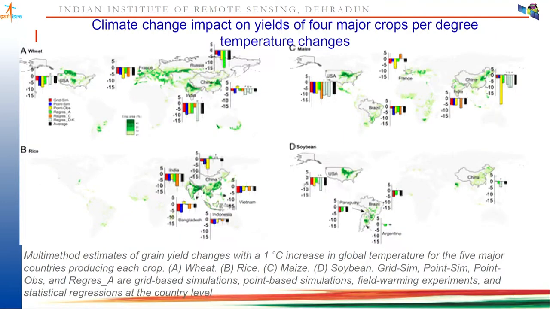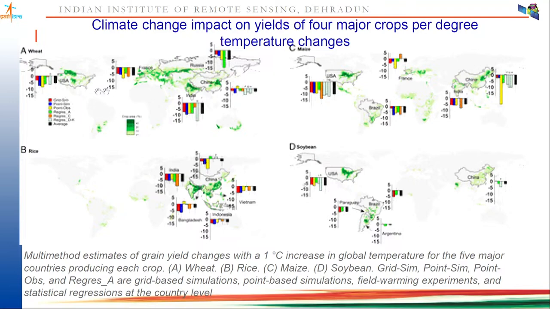So here is geospatially explicit information for certain crops: maize, soybean, rice and wheat. It shows which country is going to be affected more with respect to a 1 degree increase in temperature, and how their productivity will change.